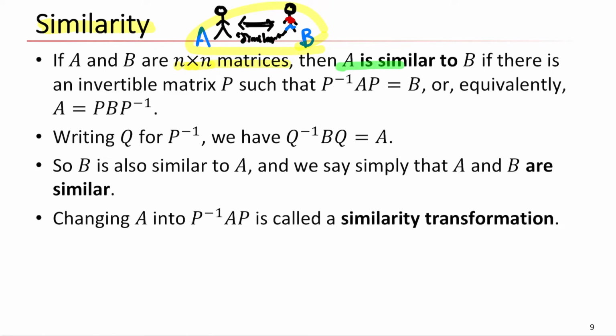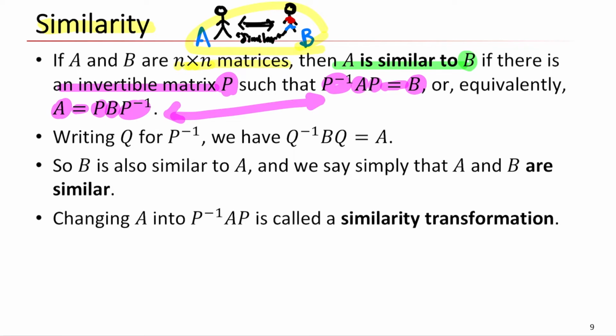Then matrix A is similar to matrix B if there is an invertible matrix P such that P inverse times A times P is equal to B. Or equivalently, A is equal to P B P inverse. By using the inverse of the matrix P, we can exchange these two equations, right?